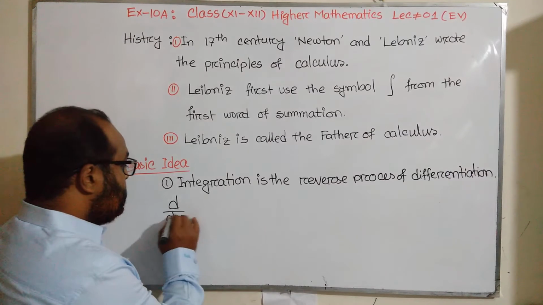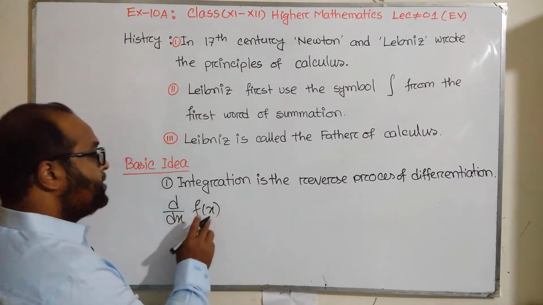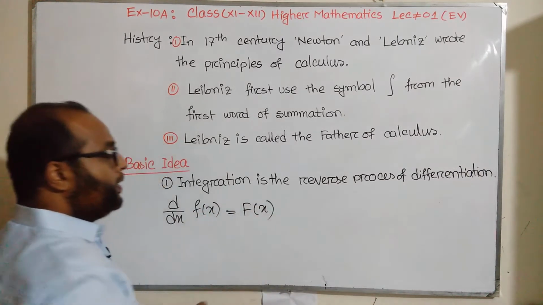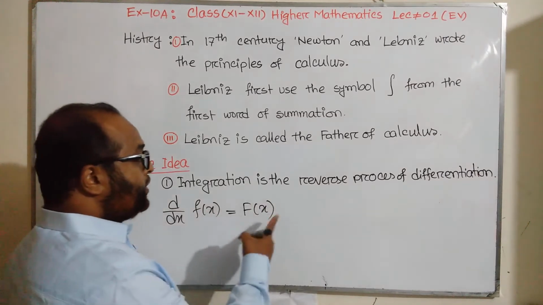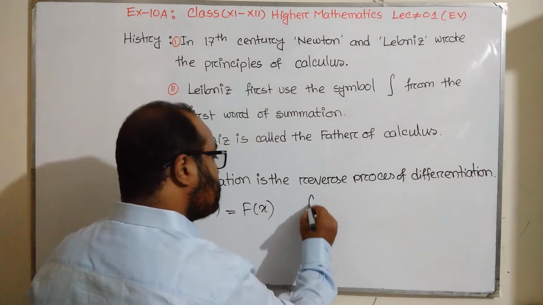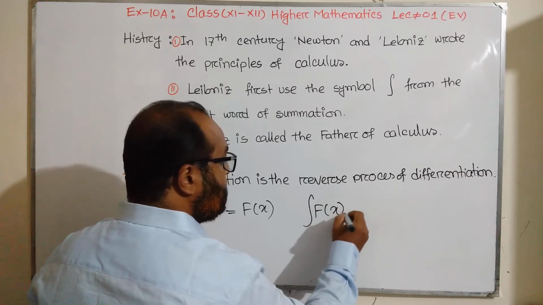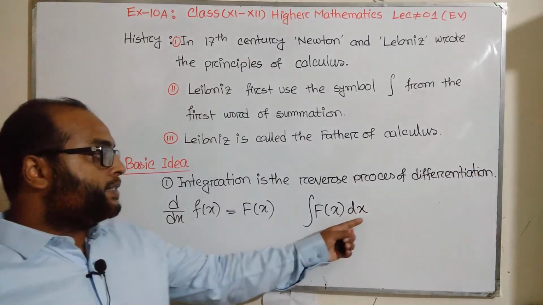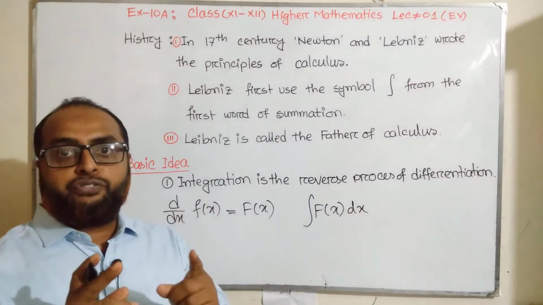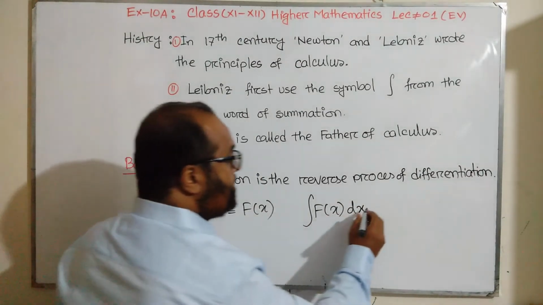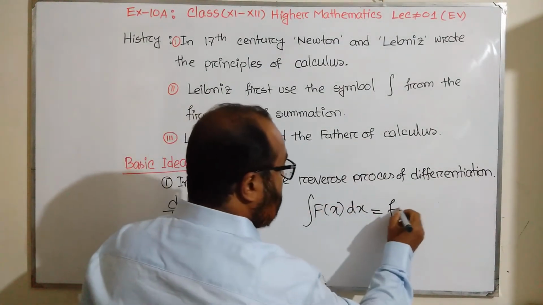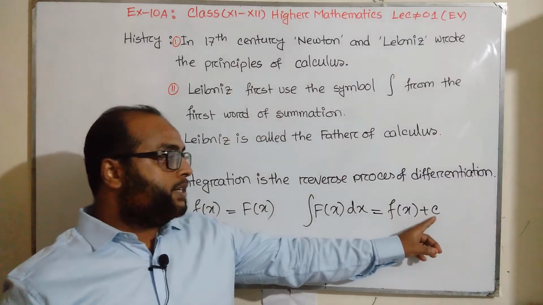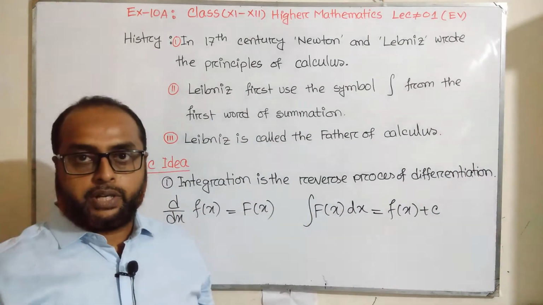If d/dx of F(x), that means differentiation of F(x), is f(x), then integration is the reverse process. That means the integration of f(x) dx, where x is considered the variable and dx is the smallest part of x, equals F(x) plus c. Here c is called the integral constant.